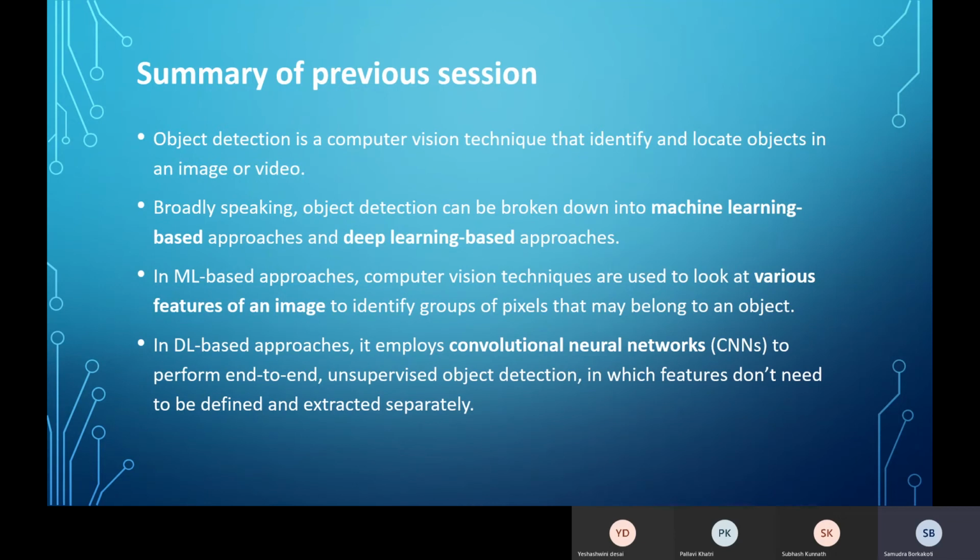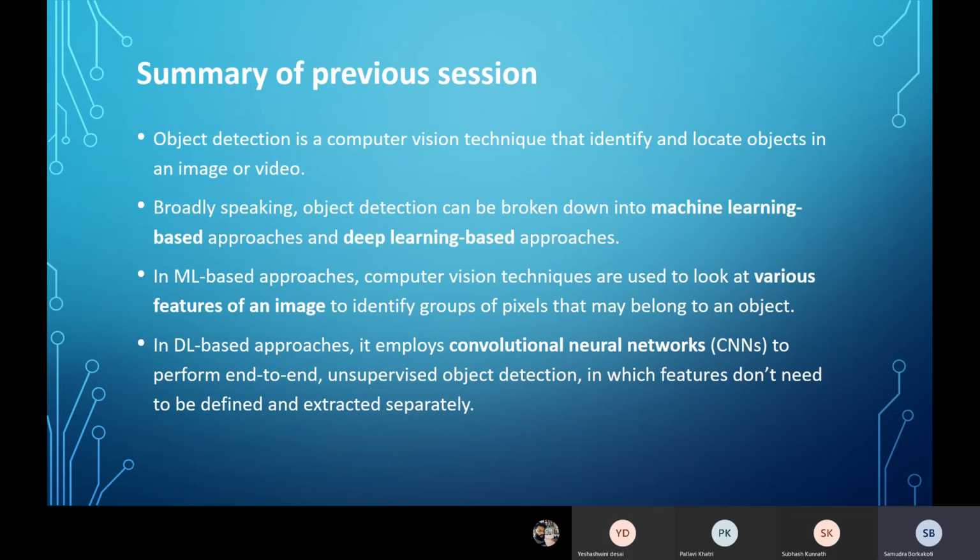And also the location, by bounding it in a box and representing where it is in the whole image. And it can do this for multiple objects in the same image as well.